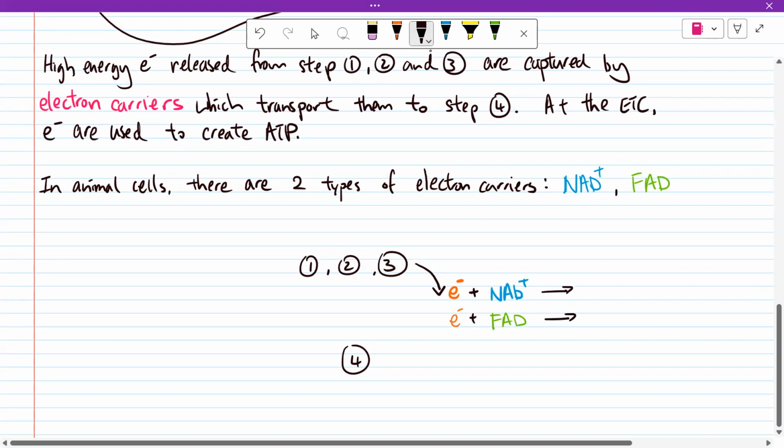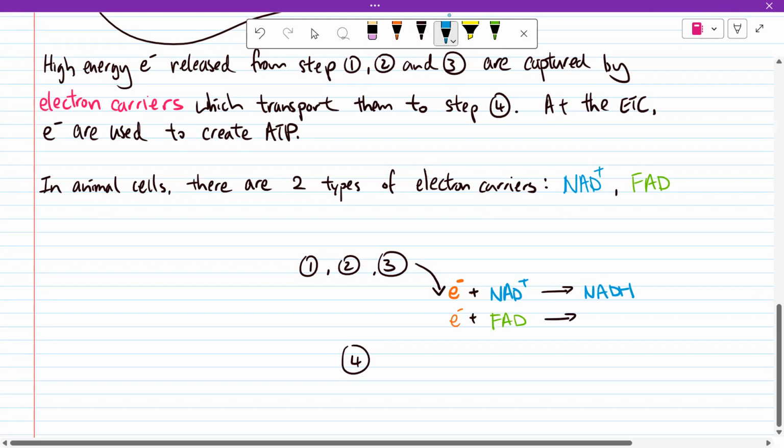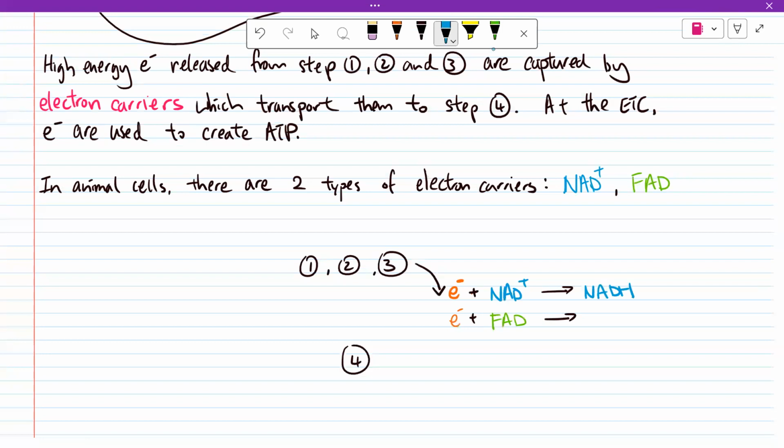And when that happens, the NAD plus becomes what's called NADH. Again, never mind where the H came from. It's just around. I don't want to give you too much information to overburden you. And then the FAD is going to become FADH2.